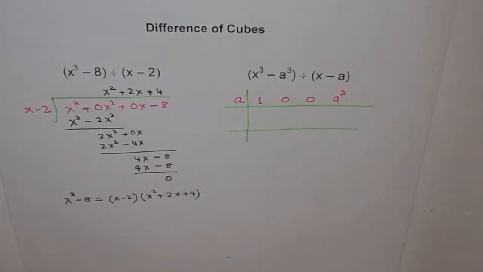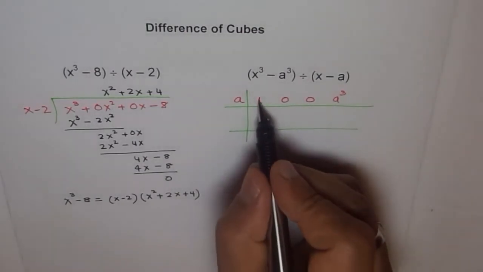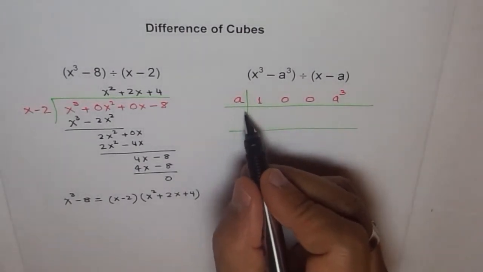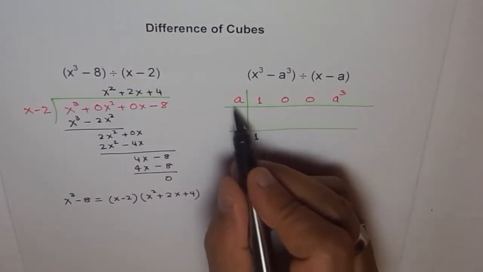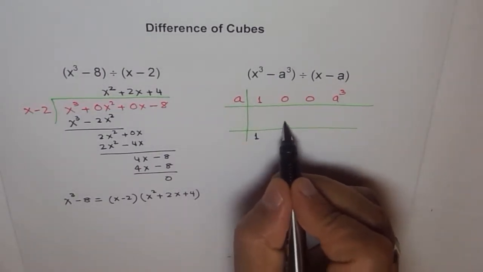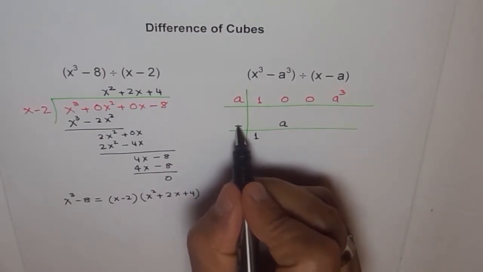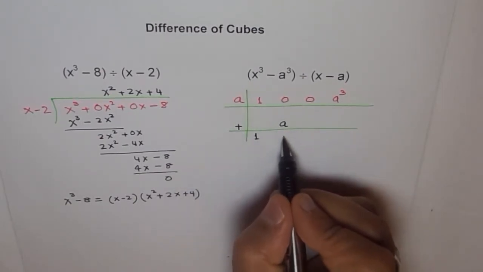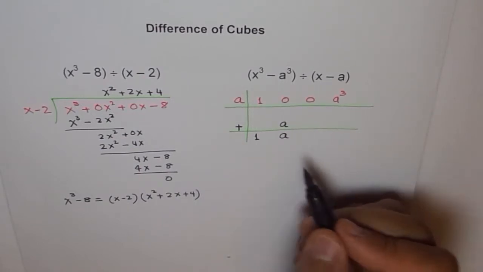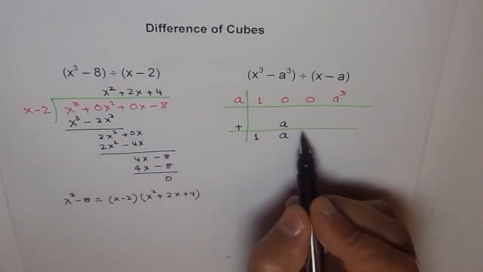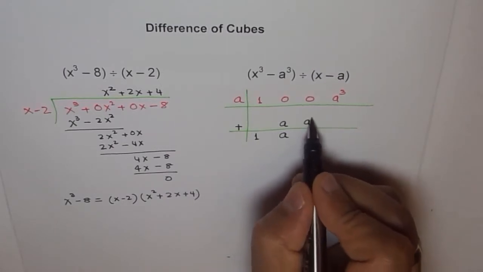I hope you remember how to do synthetic division. First step is bring down the number 1. So we'll do that. Second step, multiply a with 1 and write it here. a times 1 is a. So write it here. Third step, add these numbers. We get a. Now again repeat all the steps. So a times a is a squared, write it here.